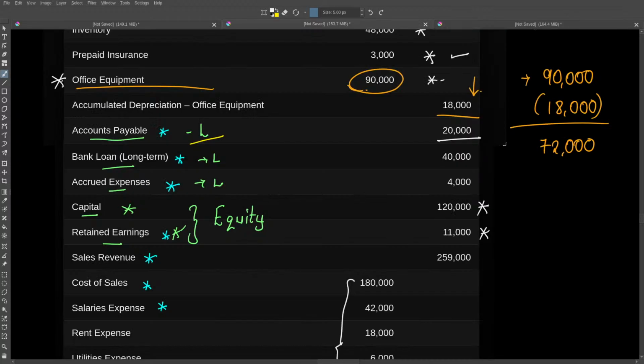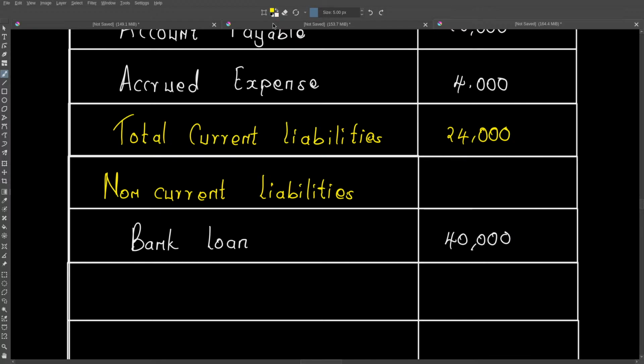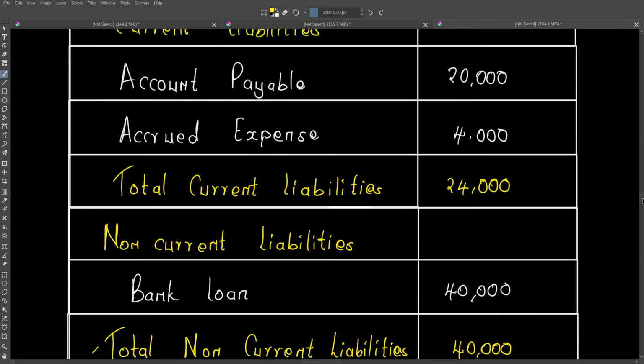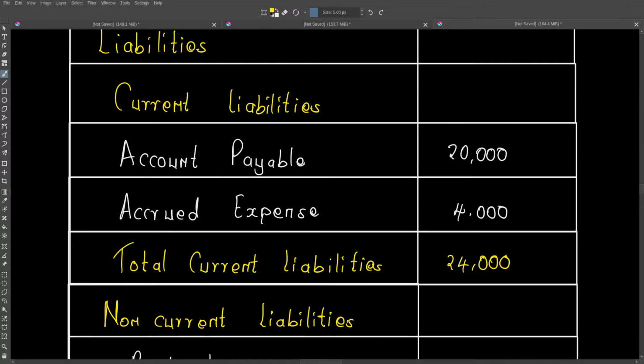We don't have any other liabilities; we have already cleared accounts payable, bank loan and accrued expenses. So the total non-current liabilities is 40,000.